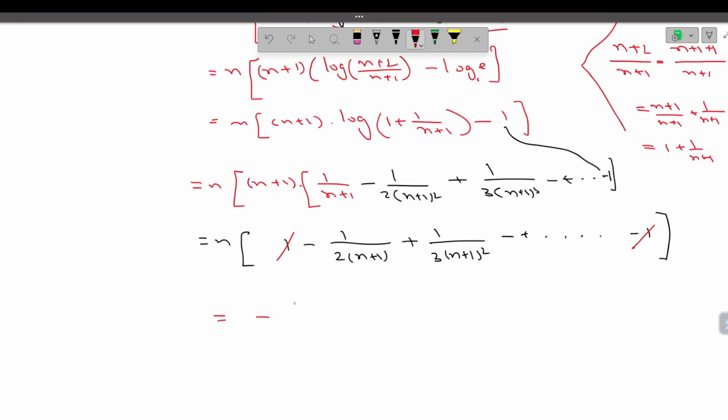So if you take n common, this will be 1 by 2 minus 1 by 3 into 1 by n plus 1 by 4 into 1 by n whole square, minus plus, it goes on. This is n into log of un by un plus 1.